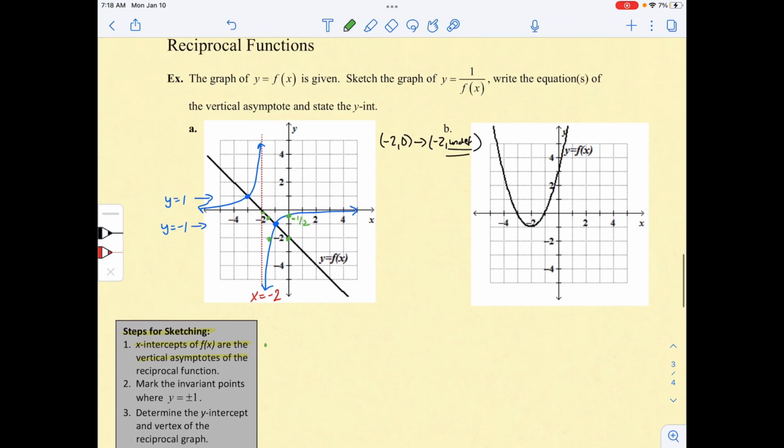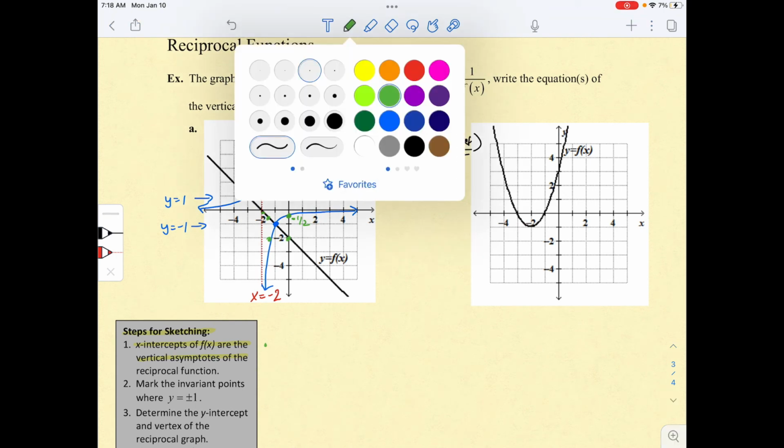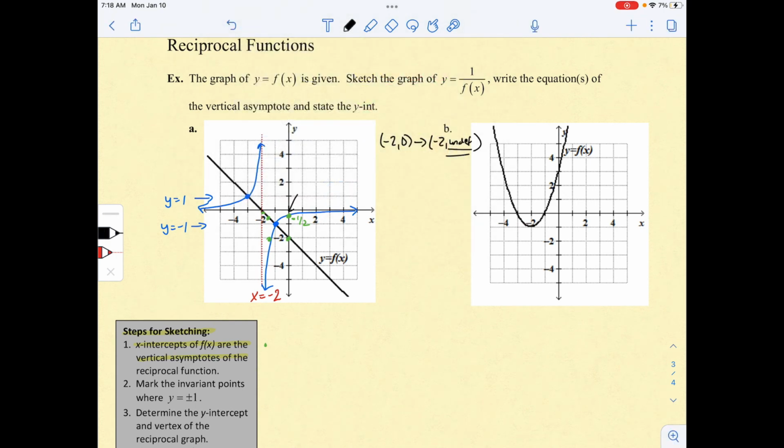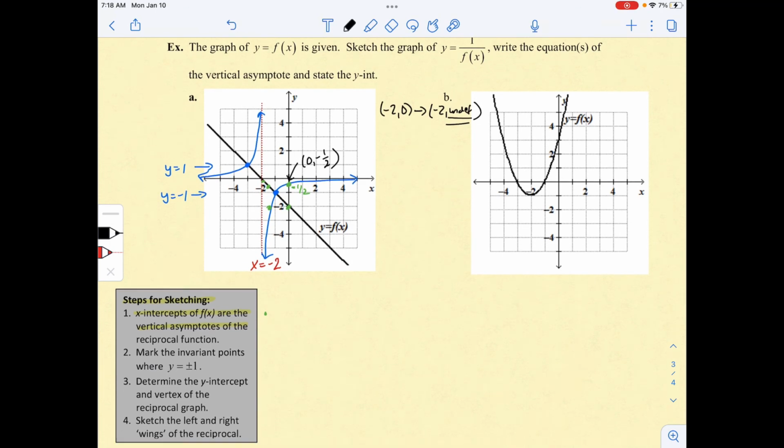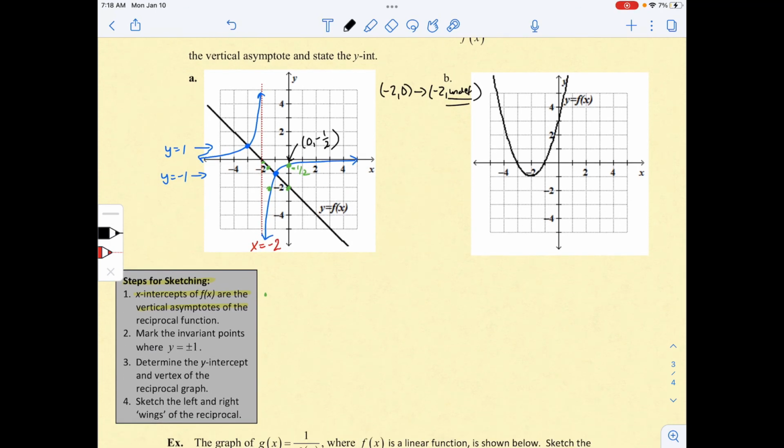One of the questions does say, what is the y-intercept? So our y-intercept here would now be (0, -1/2). I'm labeling that right on the graph. And there we go. Let's look at the next question.